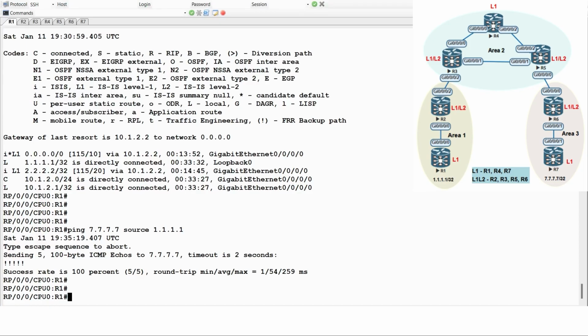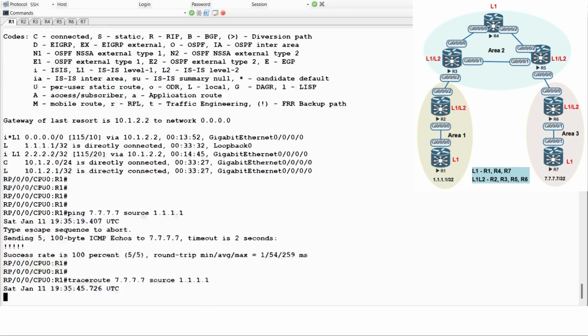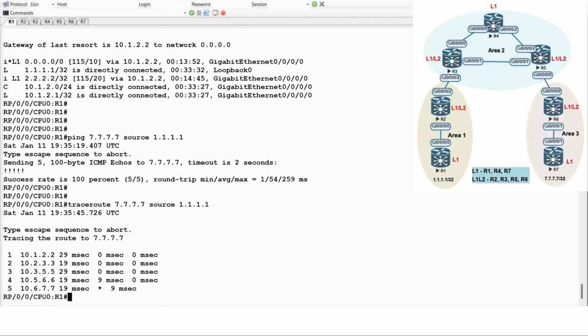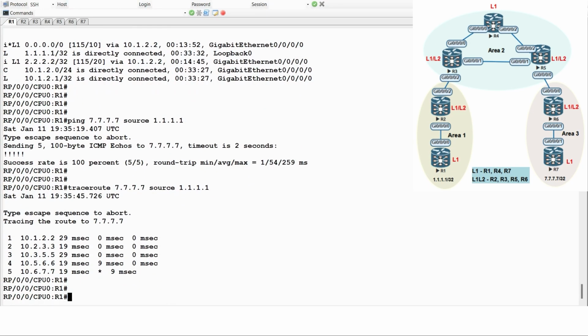Now let's see the path taken by router R1 to reach the loopback of router R7. So as you can see, router R1 takes the path router 1, 2, 3, 5, 6, and 7 to reach the loopback of router 7.